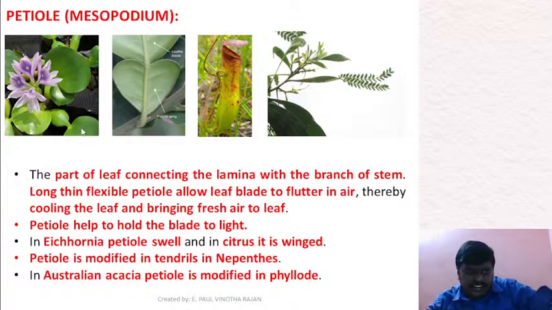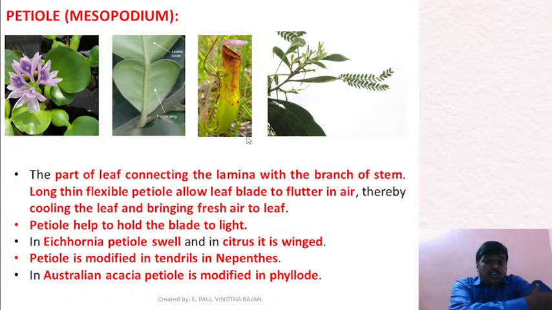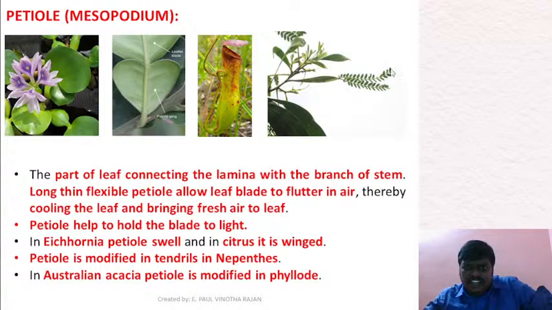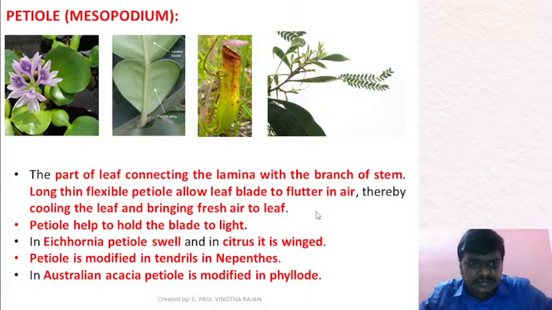You can see the petiole swells up here. In the case of Nepenthes, the insectivorous plant, the petiole is modified into tendrils. And in the case of Australian acacia, the petiole is modified into phyllodes. Phyllodes means flat green portions.